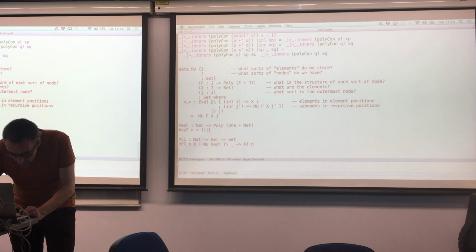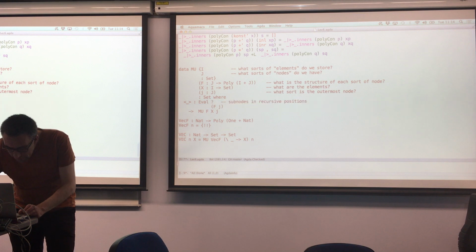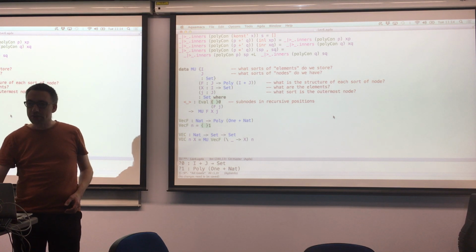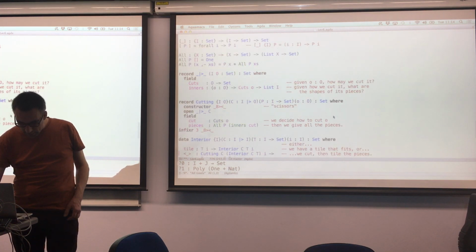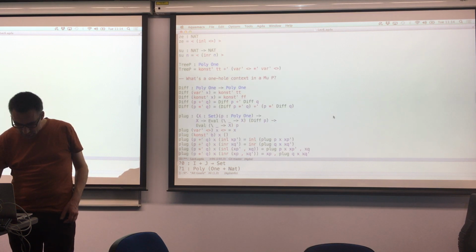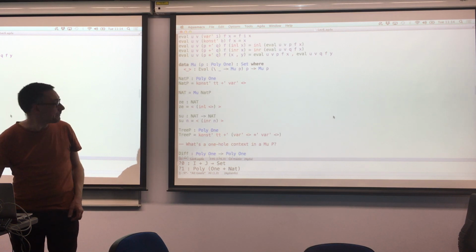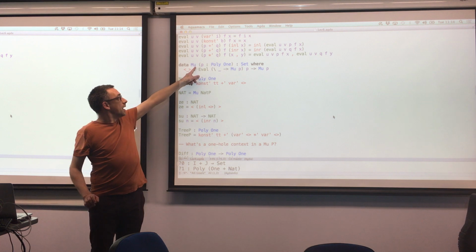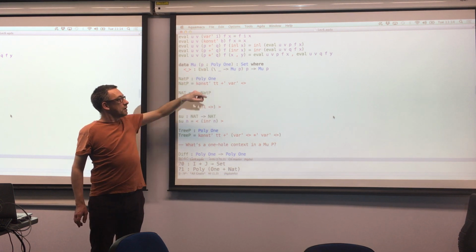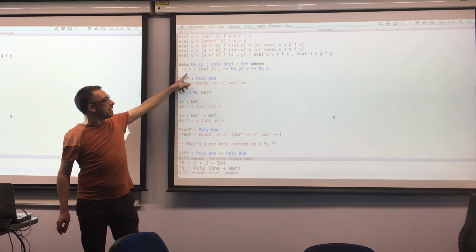I'm going to stick a question mark in there. We've so far looked at polynomials only in one variable. So what we say up here, the data structure given by a polynomial, how do you build a node?